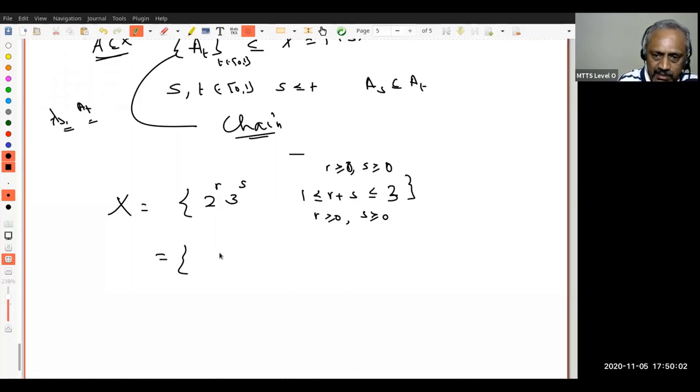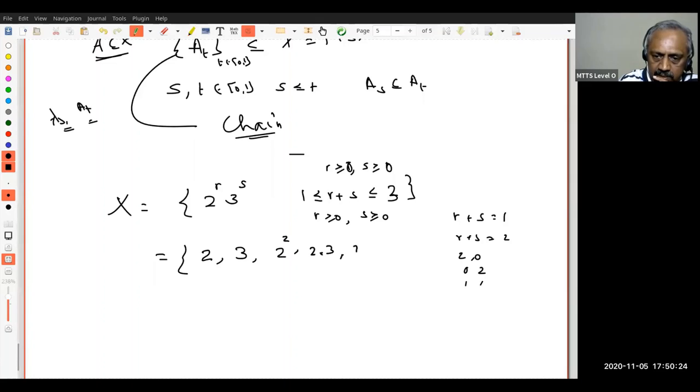Therefore, what are the elements? R can be 1, s can be 0, or r can be 0, s can be 1, so r plus s equal to 1 gives 2 and 3. Then r plus s equal to 2. What are the possibilities? 2, 0; 0, 2; 1, 1. Therefore, it is 2 squared, 2 times 3, and 3 squared. And next will be r plus s equal to 3: 3, 0; 2, 1; 1, 2; 0, 3.